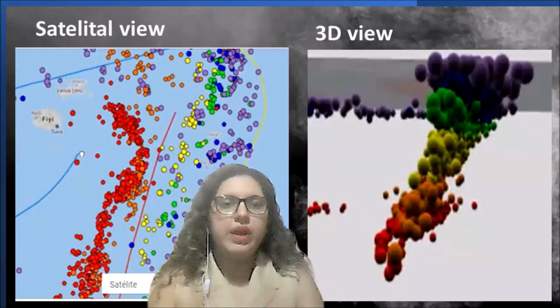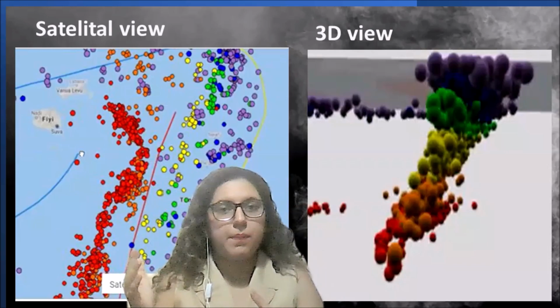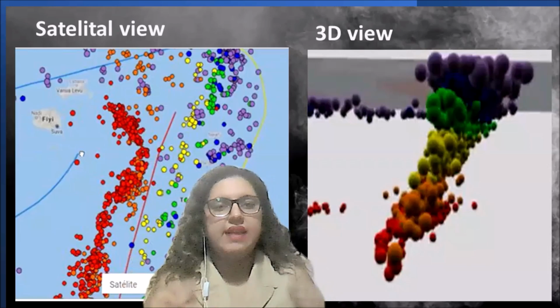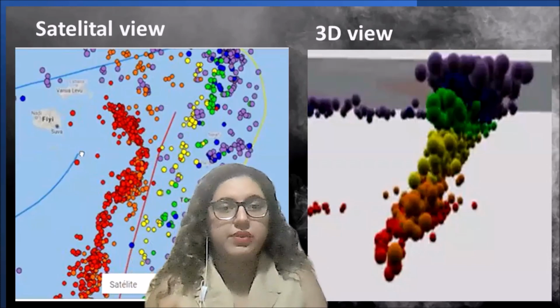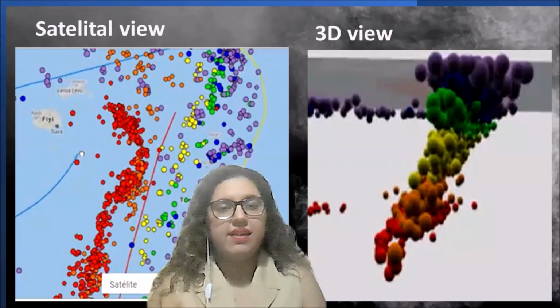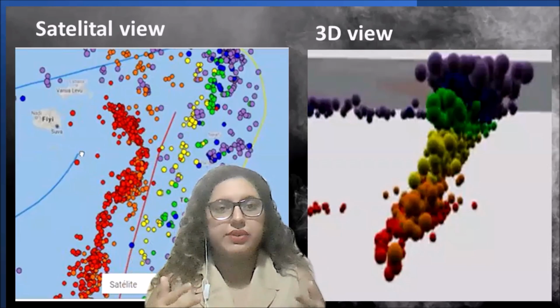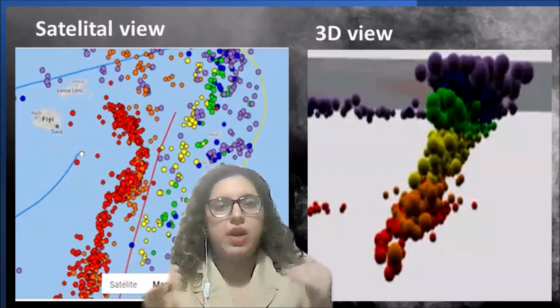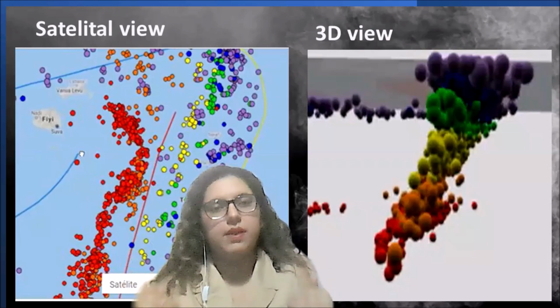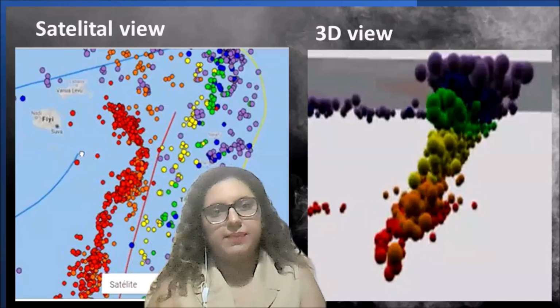We have satellite view and 3D view. In satellite view, we have predominant deep events of 500 in this area, and in the other part, we have shallower seismic events.